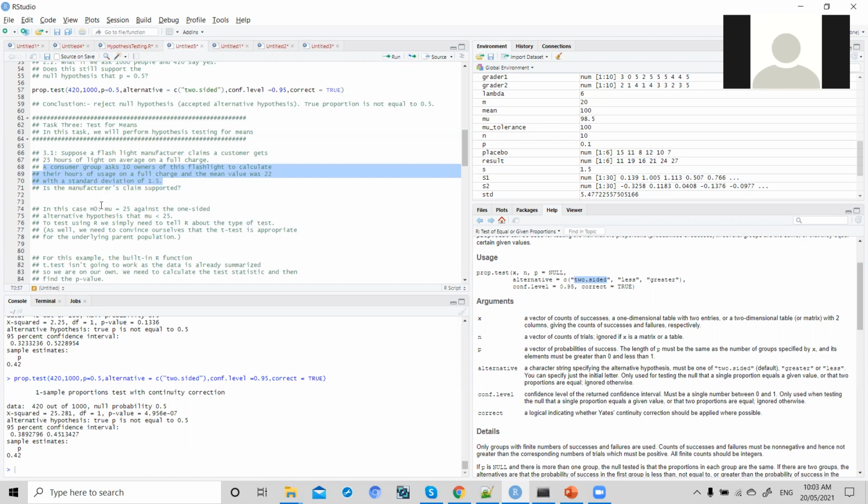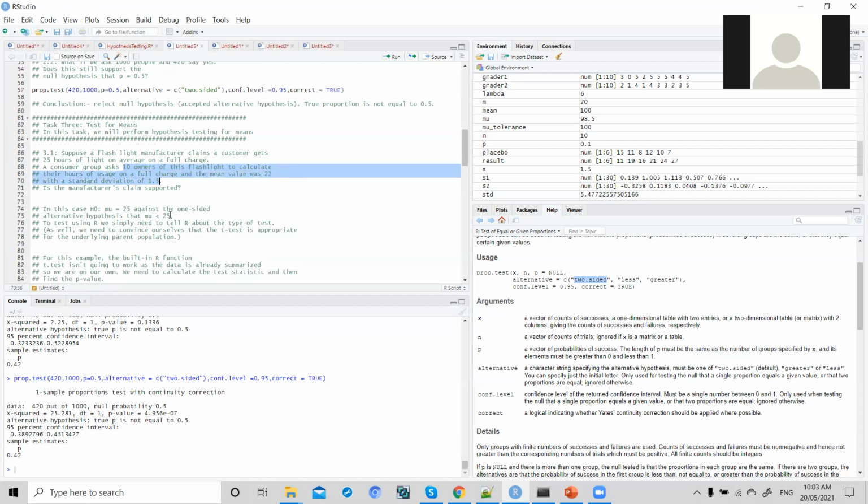So what would be your null hypothesis? Your mu is equal to 25 or not. And alternative hypothesis is mu is less than 25, because on the basis of 10 owners we found that the mean was 22, so of course it would be less than 25.